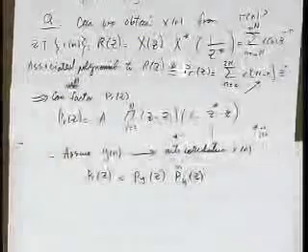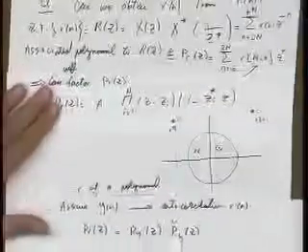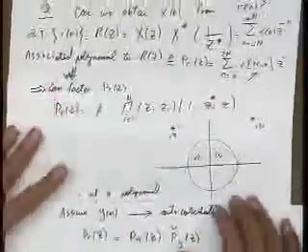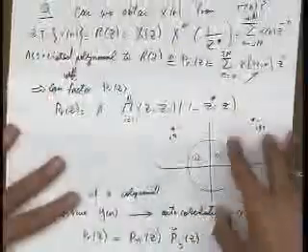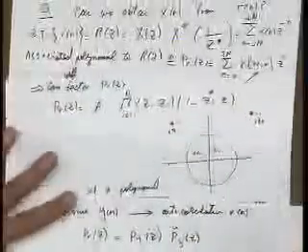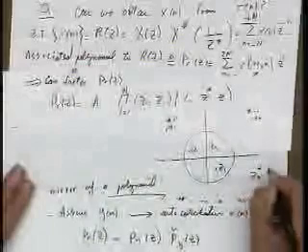So now the why there's 2 to the n possibilities becomes clear. If I come back to this picture, I've put the zeros of this polynomial in this picture right here. So that's a z2 here, z2 complex conjugate inverse there.